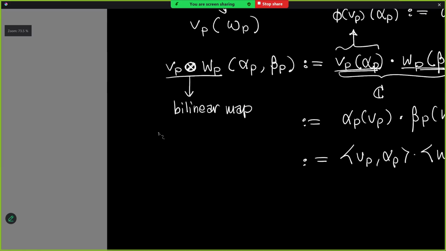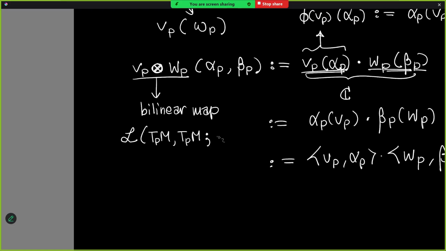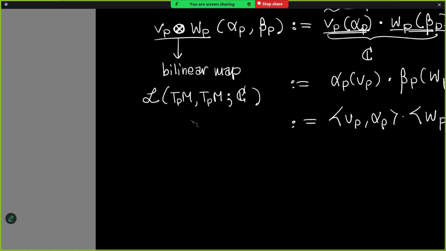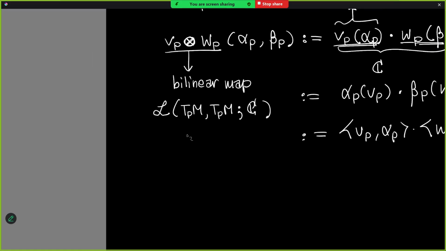This lives in this space, L for linear, V, well, in this case it would be TPM, over the field C. That's where this lives. And this is also called, so let's just introduce this here.